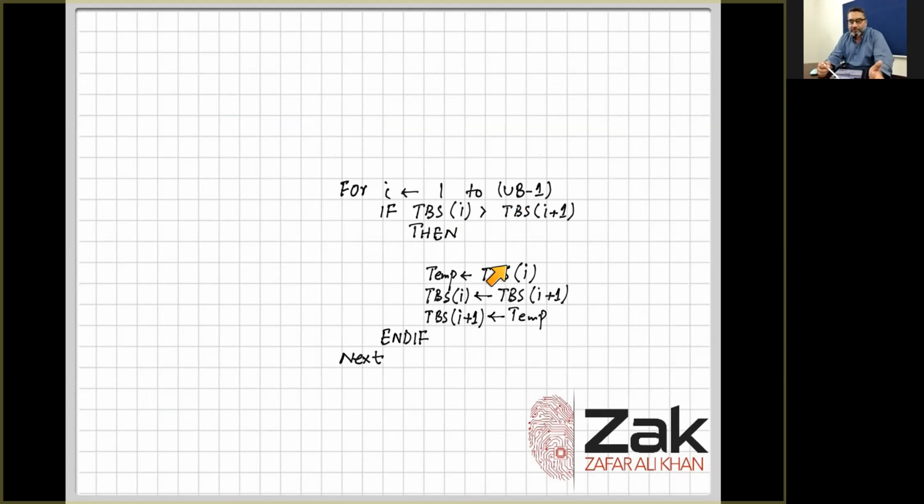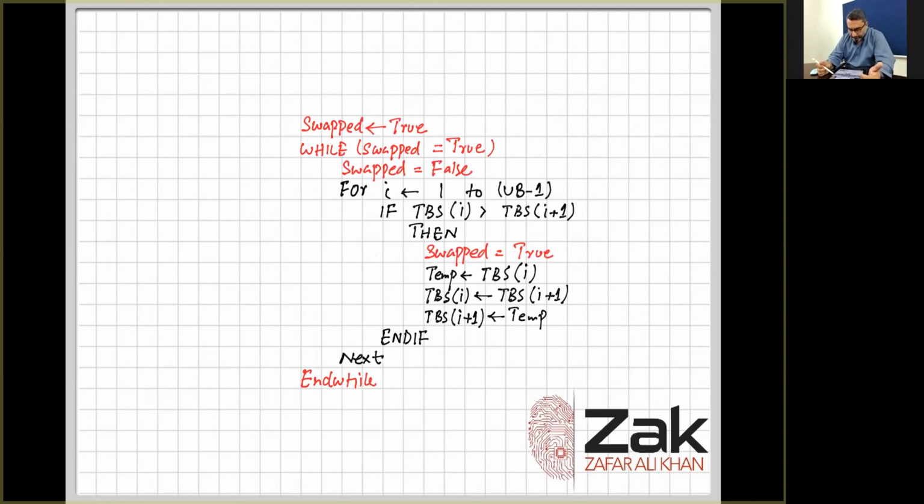I'm going to introduce another option where the inside loop is in For Next, but for the outside loop I'm going to change the loop to While. Then I used the flag swapped, made it true, and I have written that while swapped remains true.